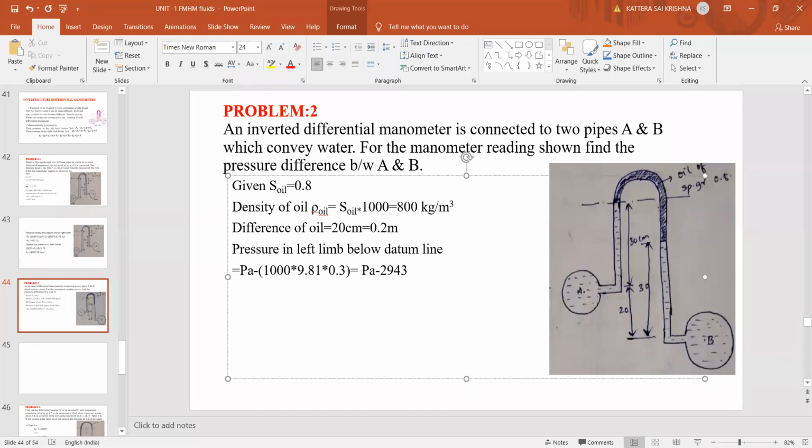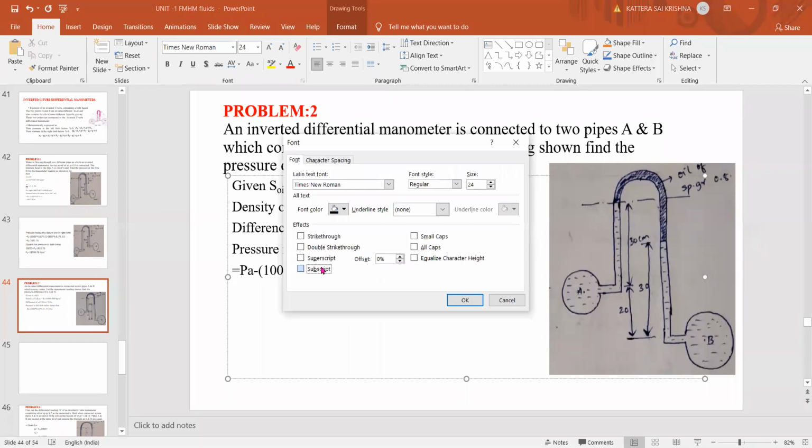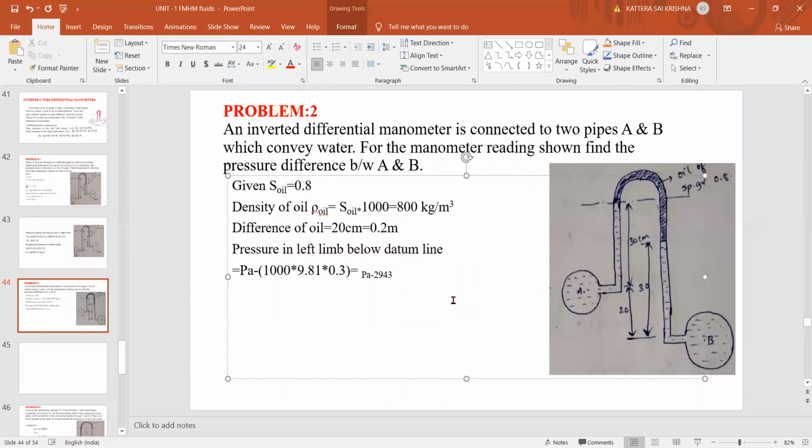So this becomes the pressure in the left limb: PA minus 2943. Let it be like this, right? Next, we have finished the pressure in the left limb. Now go for the pressure in the right limb.